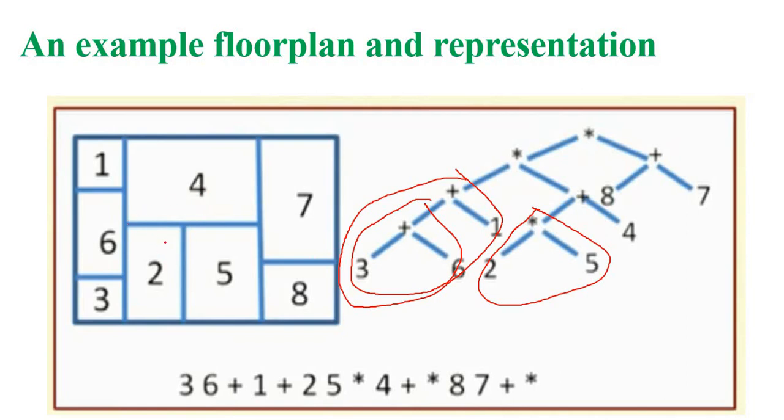So 4 and this total entire block are horizontal. Horizontal means plus for the entire thing. After that, 7 and 8 are in the horizontal one, and horizontal means plus symbol.